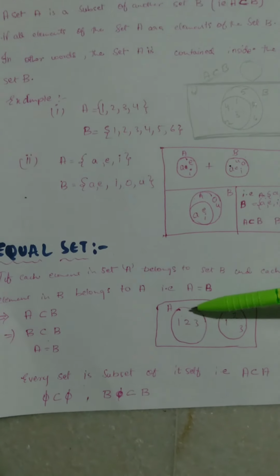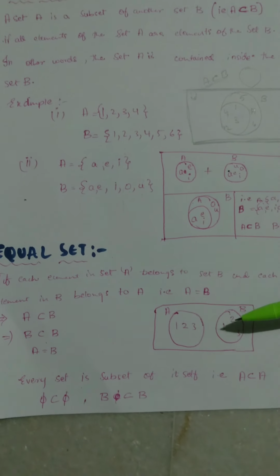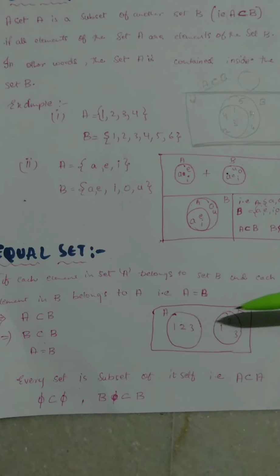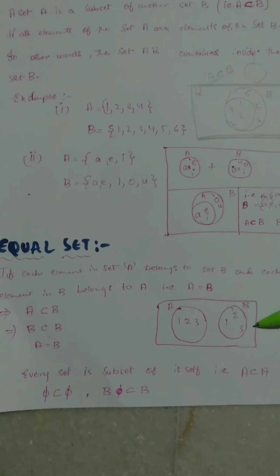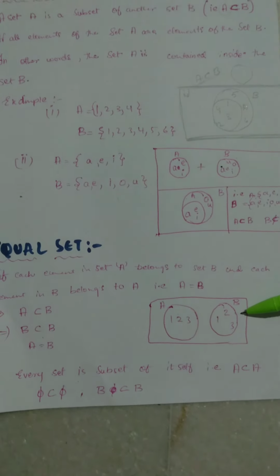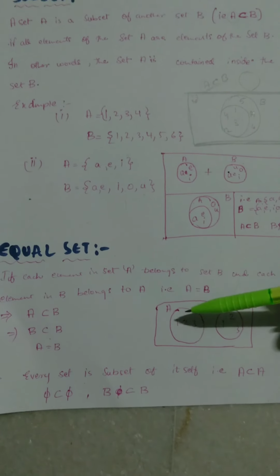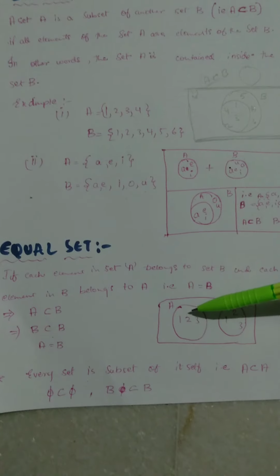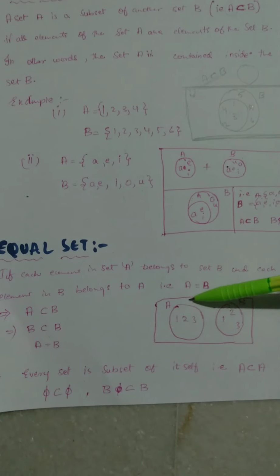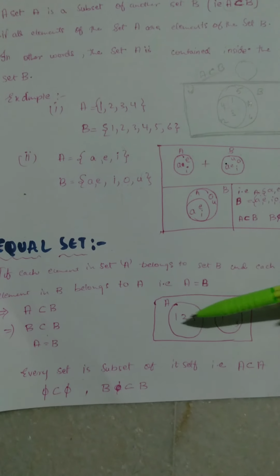Each element of A, 1, 2, 3, is in B, and each element of B, 1, 2, 3, is in A. There must be no different elements.